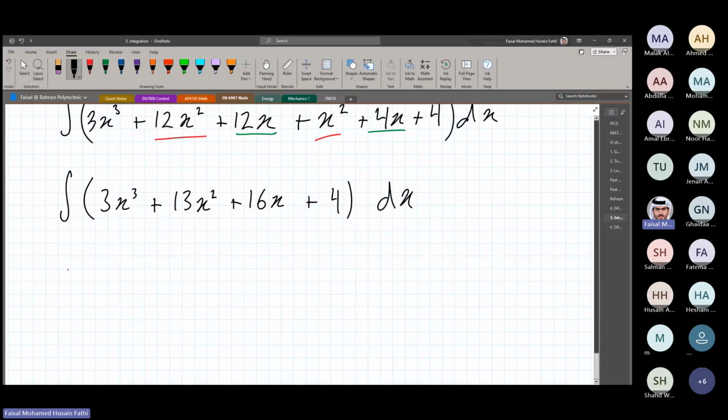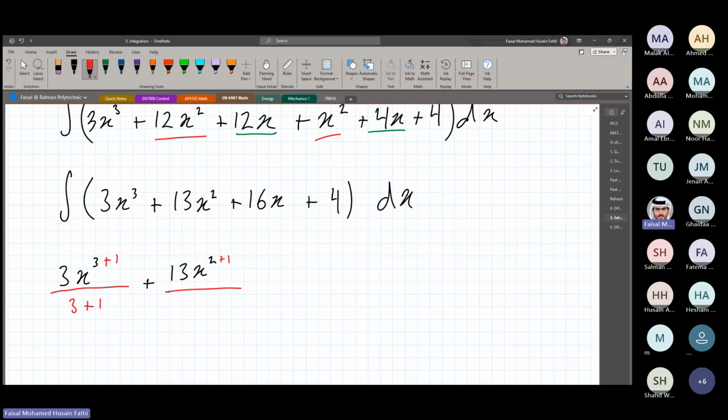Integration rule for the first one, 3x cubed. What's the rule? Plus 1 divided by 3 plus 1. Same thing for the next one, 13x to the power of 2 plus 1 divided by 2 plus 1.